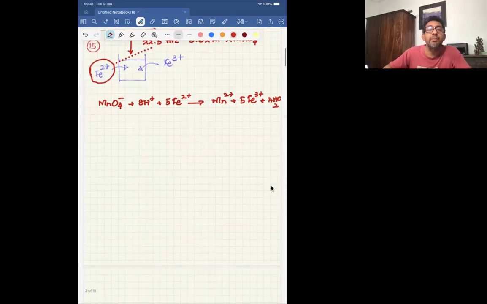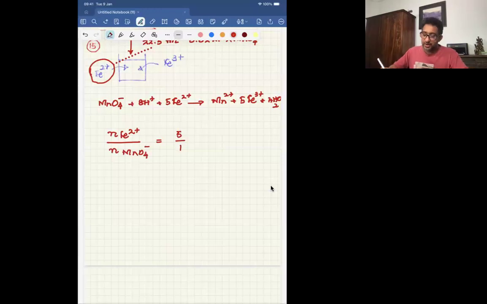First, we will work on the Fe plus 2, the remaining Fe plus 2. So you can see number of moles of Fe plus 2 to number of moles of permanganate. What is the stoichiometry? So straight away, without writing anything else, you work on the stoichiometry. 5 is to 1. So what is the number of moles of Fe plus 2?